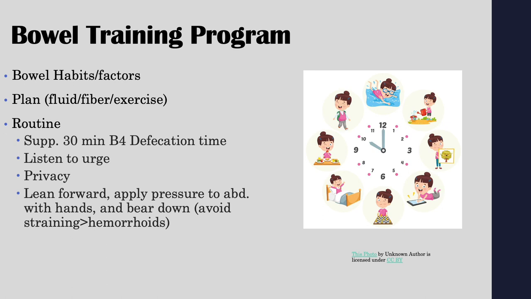The routine should consist of a suppository 30 minutes before defecation time, because they should be trying to defecate at the same time every day, and advising your patient to listen to the urge to defecate, providing privacy for your patient, and encouraging the proper positioning. They can lean forward, and they can also apply pressure to their abdominal area with their hands and bear down. And advise your patient to avoid straining because this can produce hemorrhoids. And lastly, as the nurse, you want to always provide feedback and encouragement to your patient.